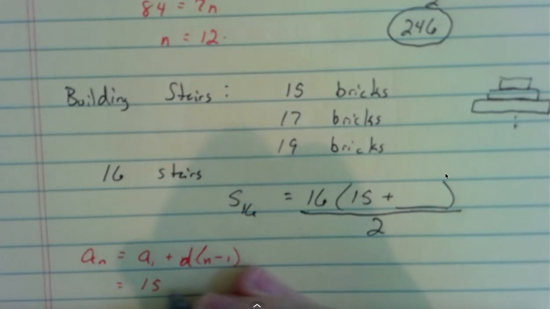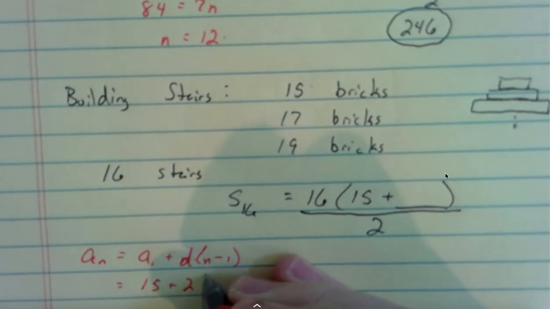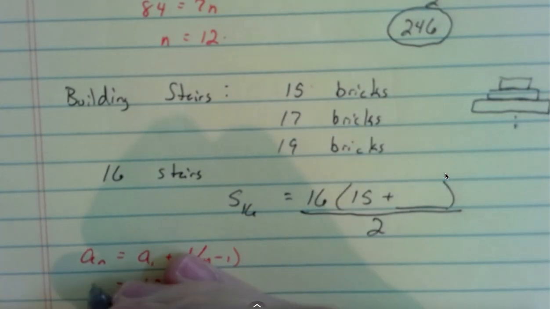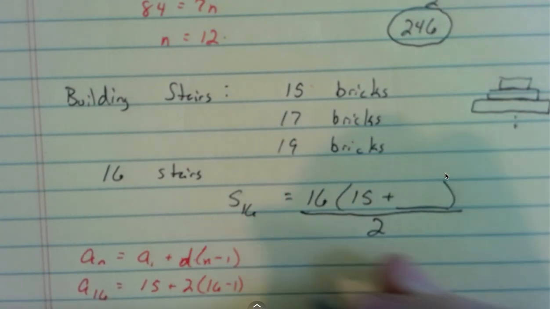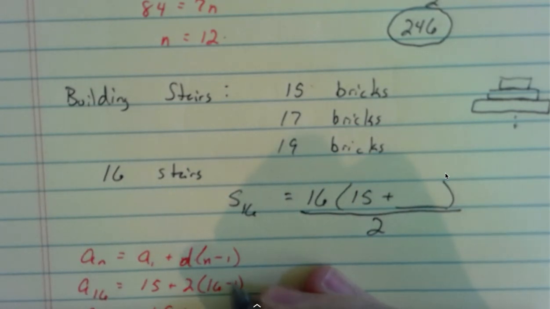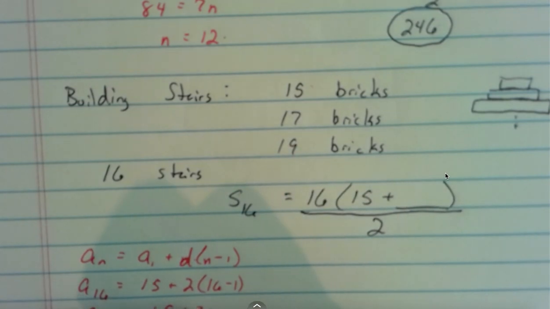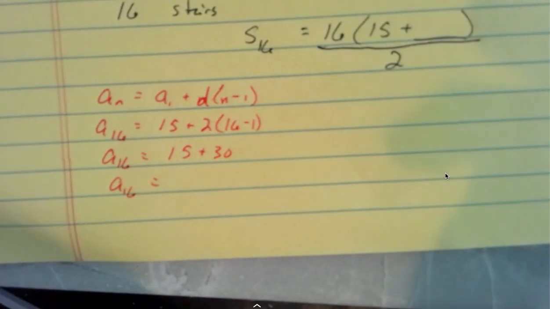I can see the difference each time is I'm adding 2, so plus 2. And then for a sub 16, 16 minus 1. So a sub 16 will equal 15 plus 15 times 2, which is 30, so a sub 16 will equal 45.